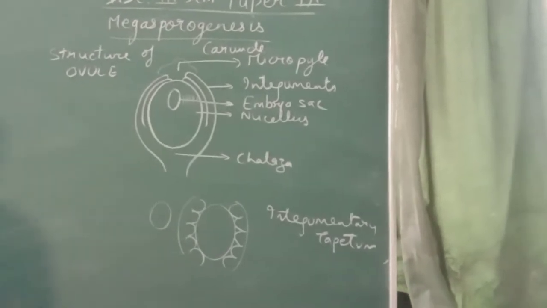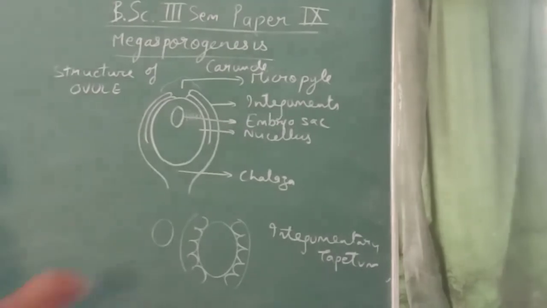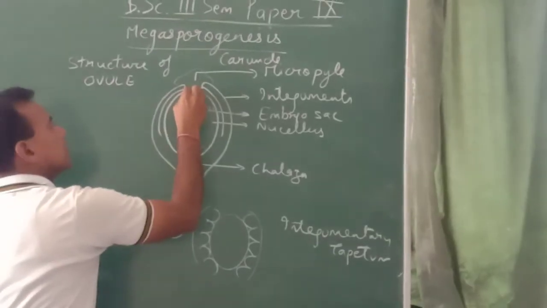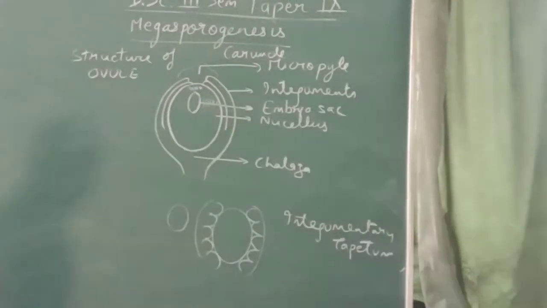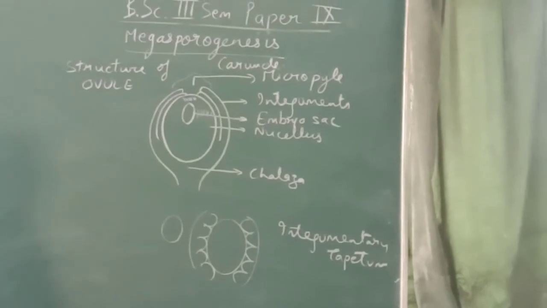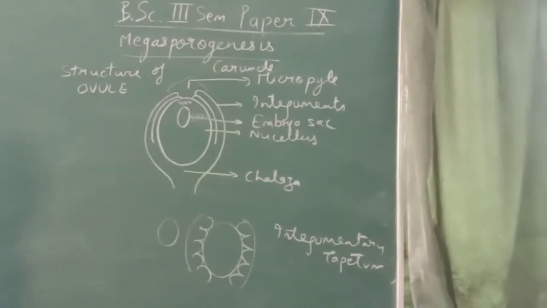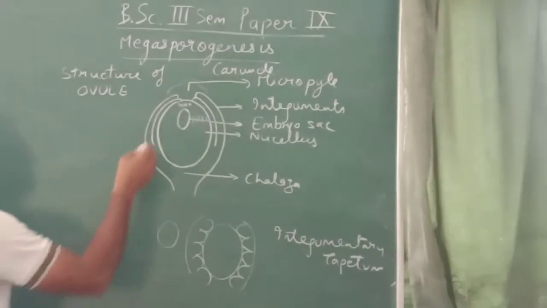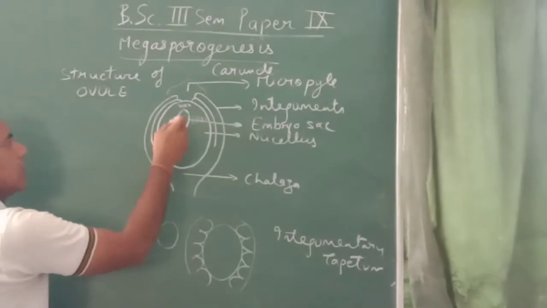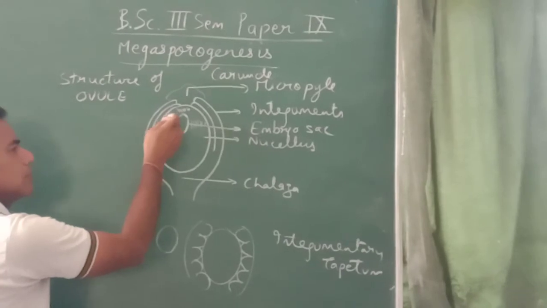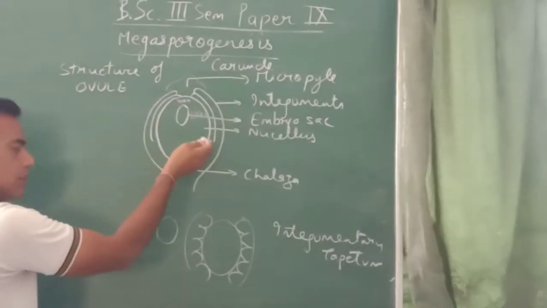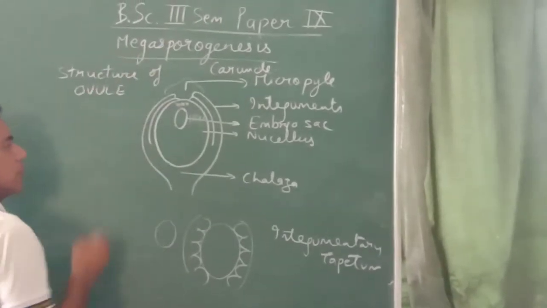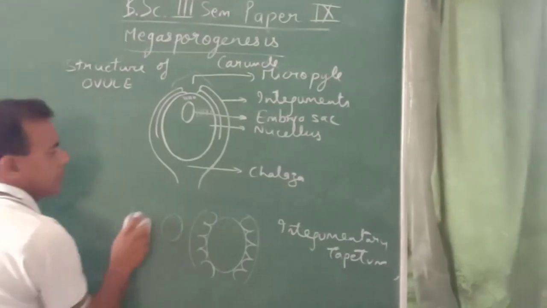In some plants, it has also been observed that these cells become irregular in shape and they prevent the extension of the embryo sac or embryo on the outer side.